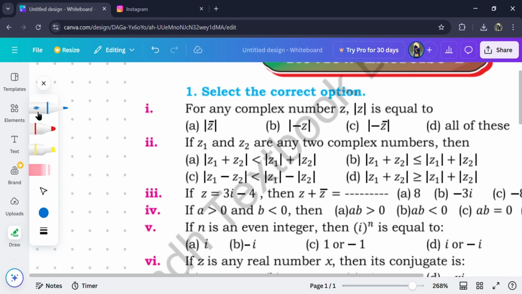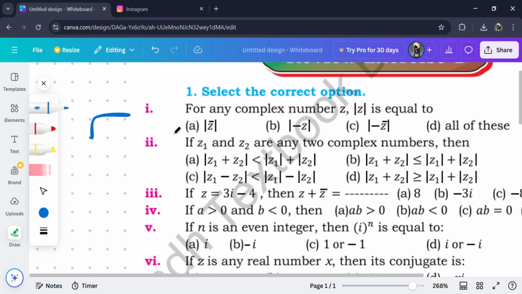So they're asking whether there is any condition where we can take the mod of a conjugated complex number. Yes, we can take the mod of a conjugated complex number, because what is mod? Mod is just taking the square root of the given two values squared.